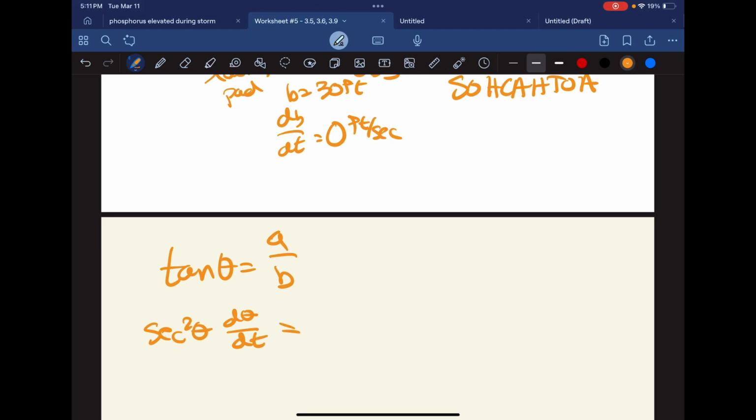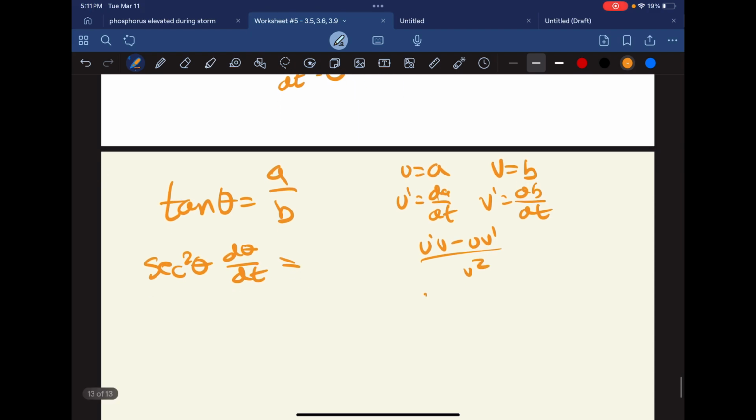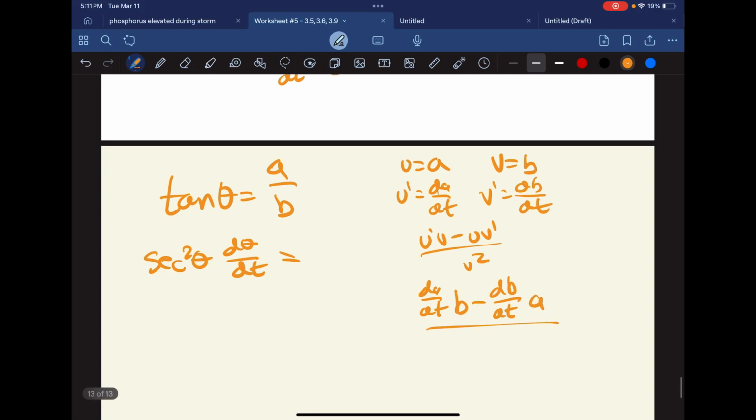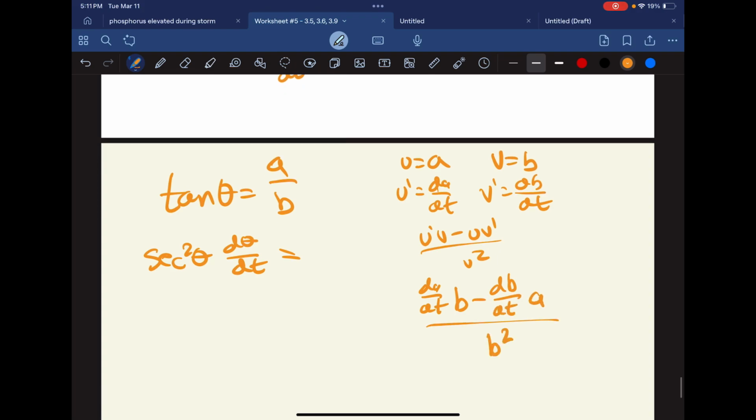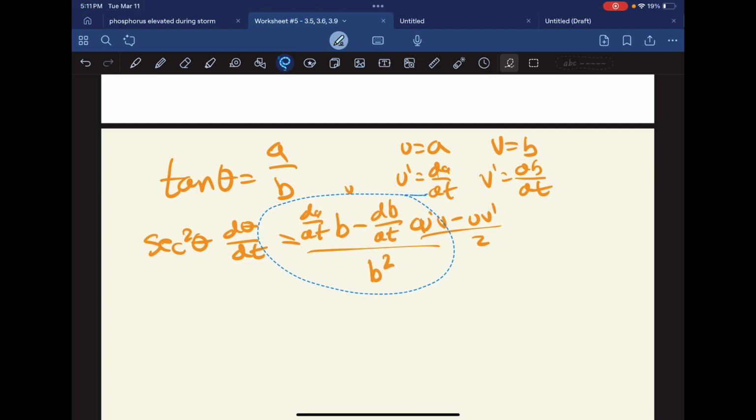And then A over B is going to be a quotient rule problem where your U is A and your V is B. So you have dA/dt for the derivative of A and dB/dt for the derivative of B. So then you do U prime V minus UV prime over V squared, which is dA/dt times B minus dB/dt times A, all over B squared. So this is your derivative over here.